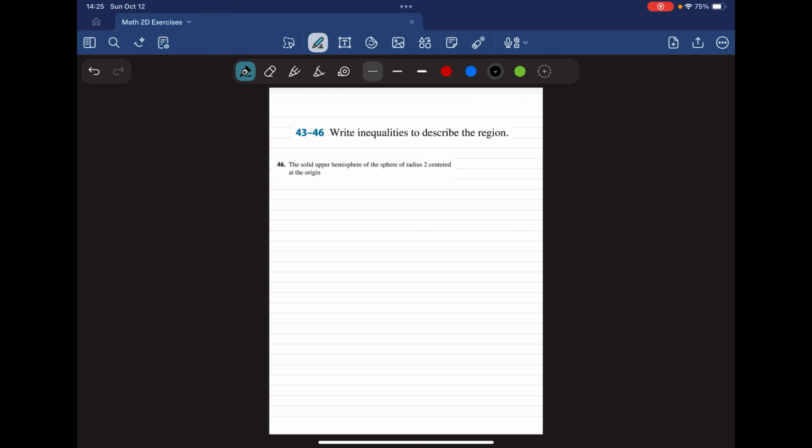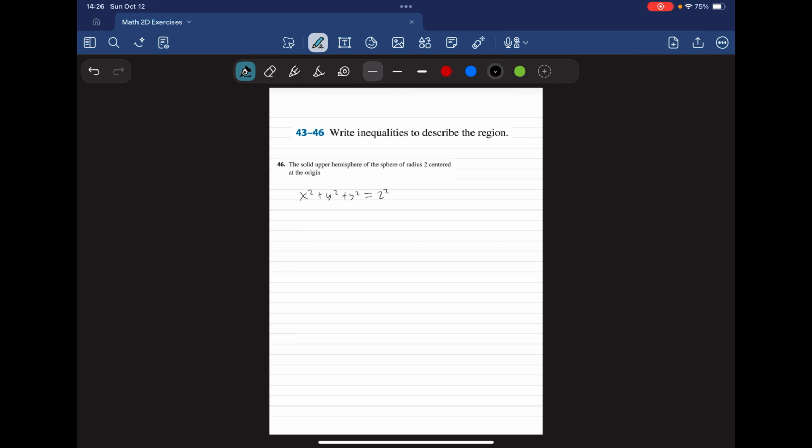So already, when I hear sphere of radius 2, and also the fact that it's centered at the origin, I'm going to create an equation for this. So the sphere of radius 2 centered at the origin has this equation here.